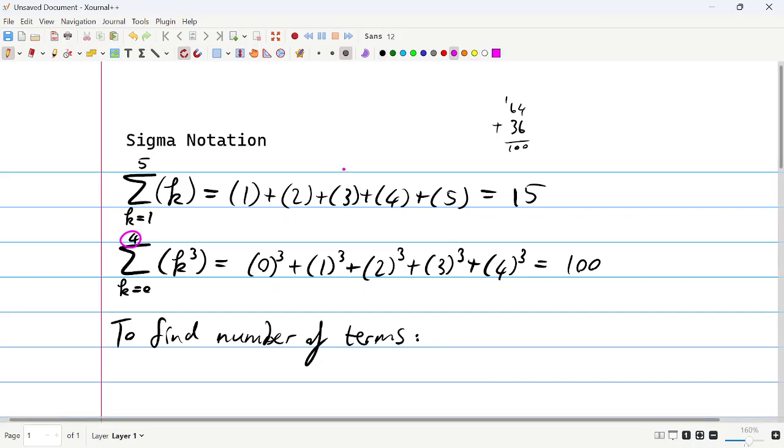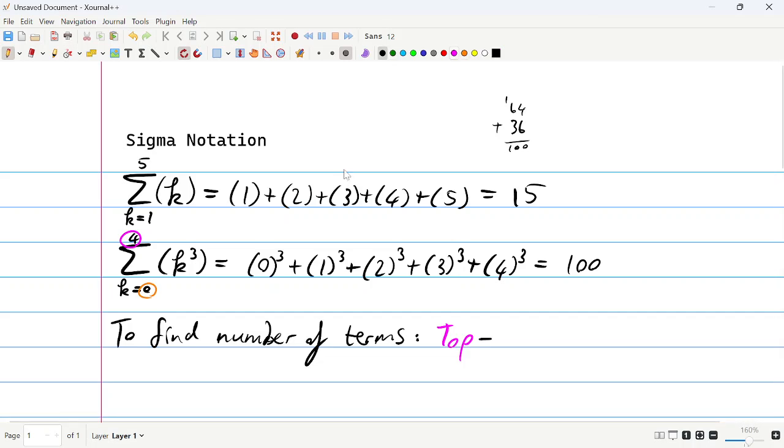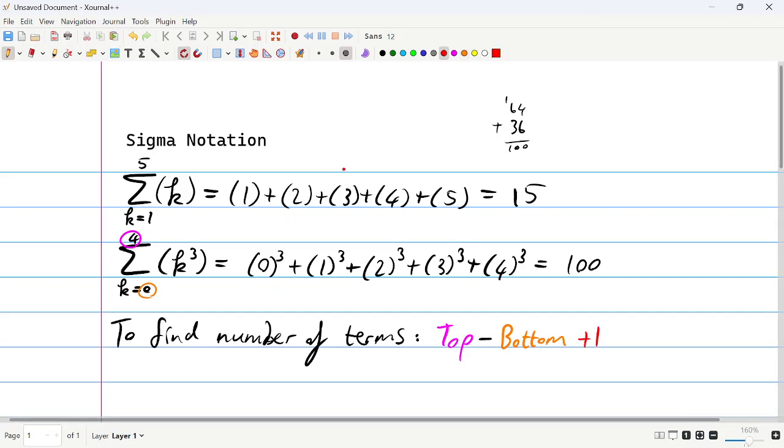The top is represented by purple, the bottom is represented by orange, so that's 0, and then obviously it's going to look like this. So the top minus the bottom, which is going to be orange, and we are always going to add 1.